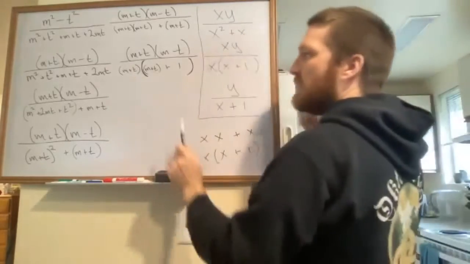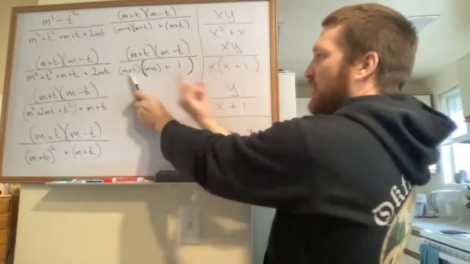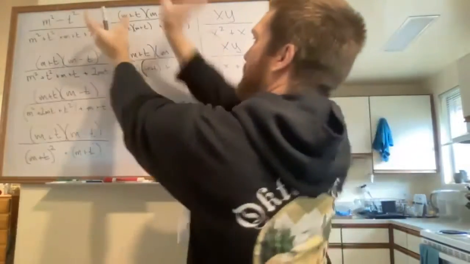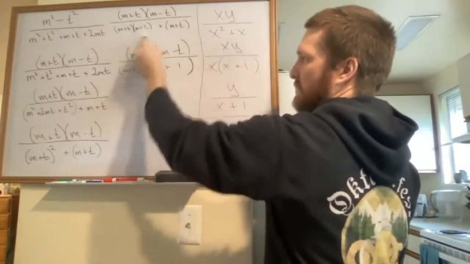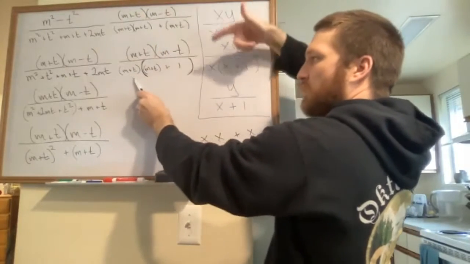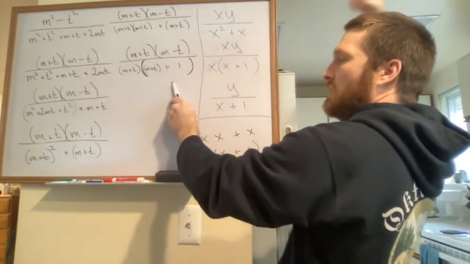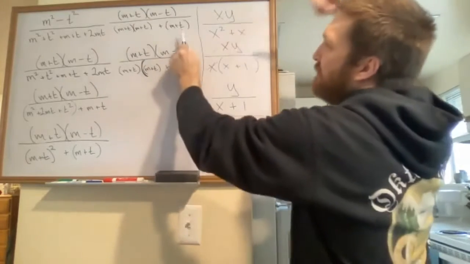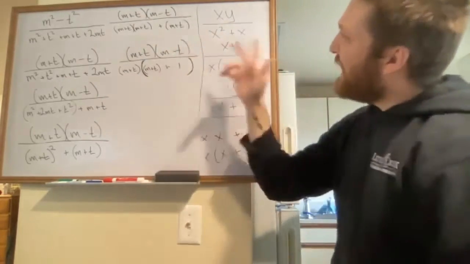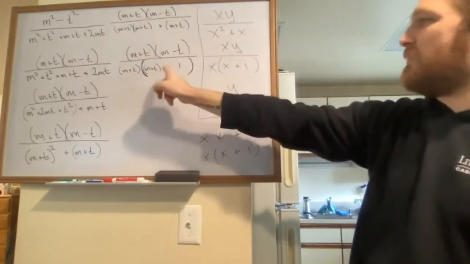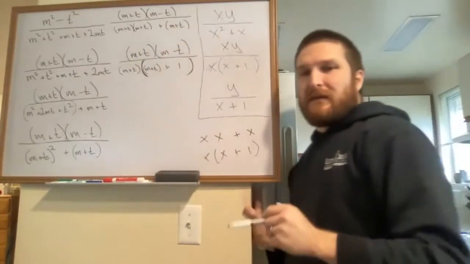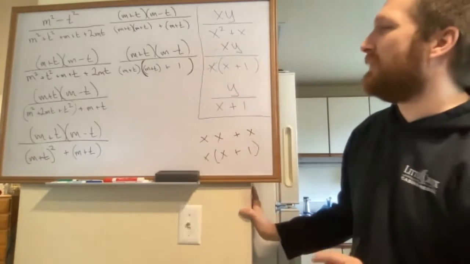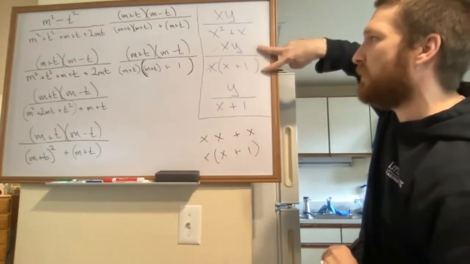I'm going to do the same thing here and say, well, this jumps over the big parentheses to hit him, which gives me m plus t times m plus t. Yep, that's that. Then he jumps over the big parentheses, over the plus sign to hit the 1 to give me that guy right there. Yes, this is the same thing as that. Tracking? Yeah. Cool.